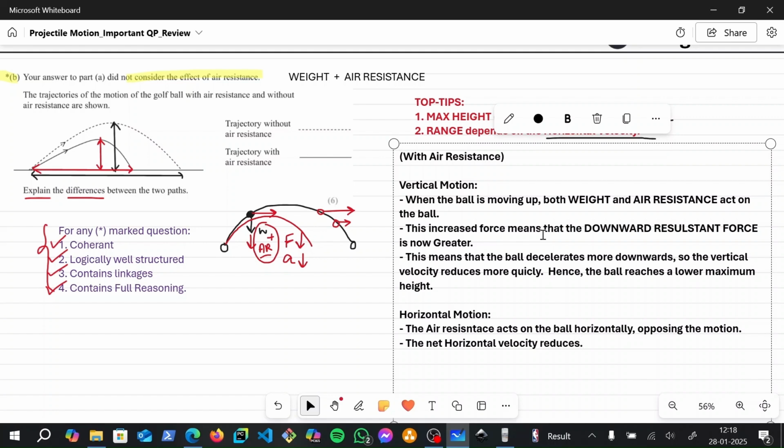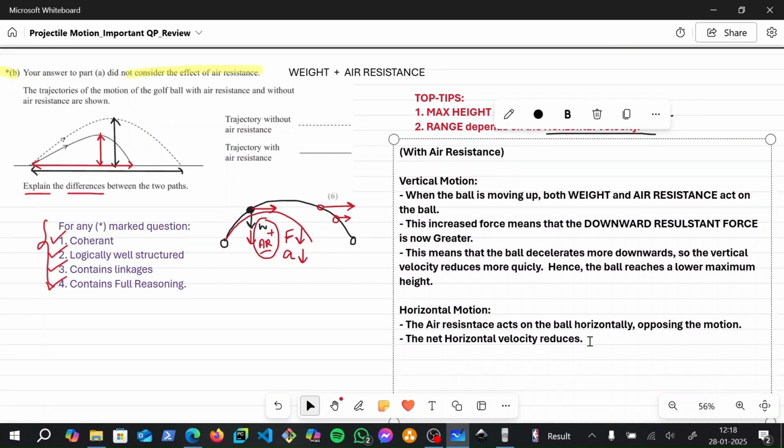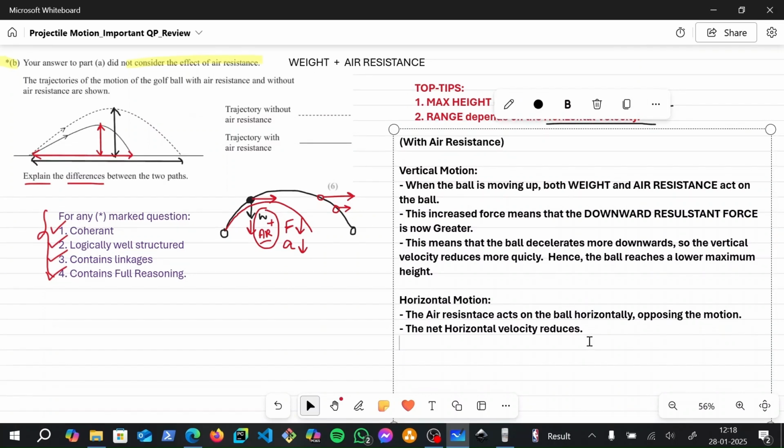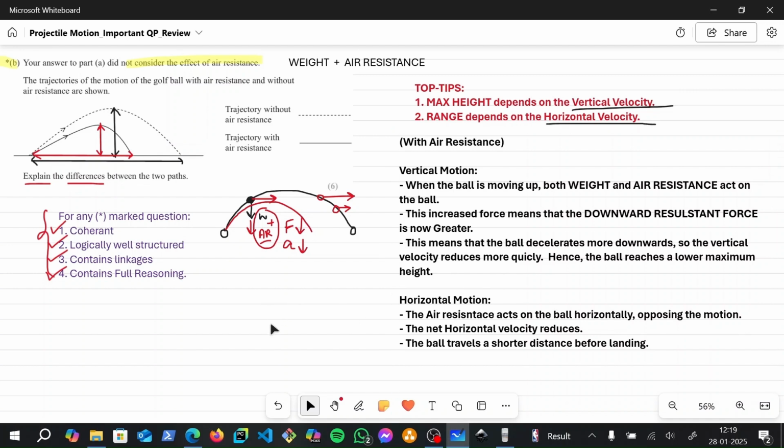If the horizontal velocity is now less, we have seen that the range will be less. So the ball travels a shorter distance before landing. This is the final answer for this question.